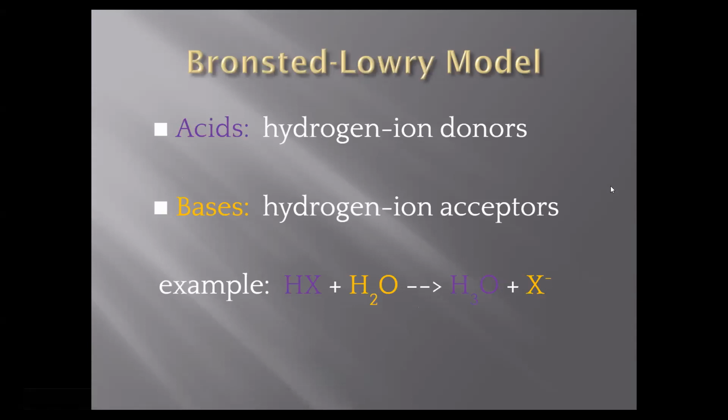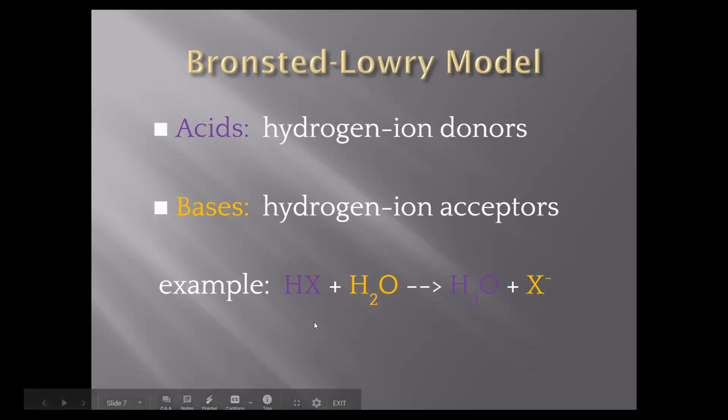The Bronsted-Lowry model states that acids are hydrogen ion donors and that bases are hydrogen ion acceptors. That looks a little weird, so let me go ahead and explain. Our acid, which you can see in purple, and this is just a pretend acid, HX does not actually exist, is going to donate a hydrogen ion.